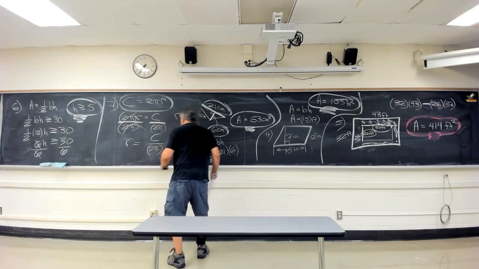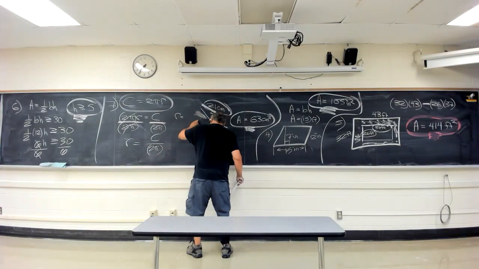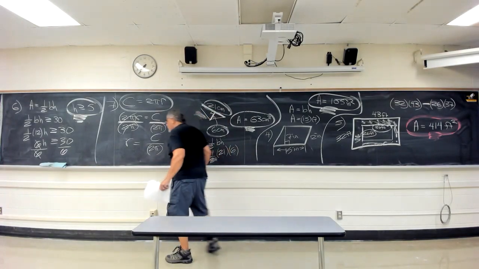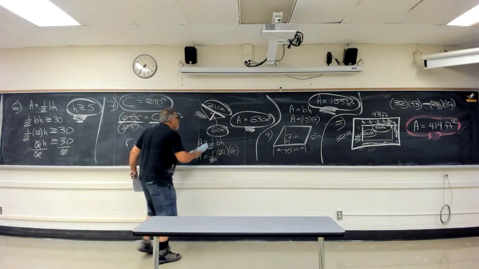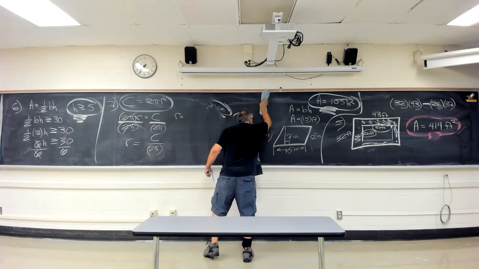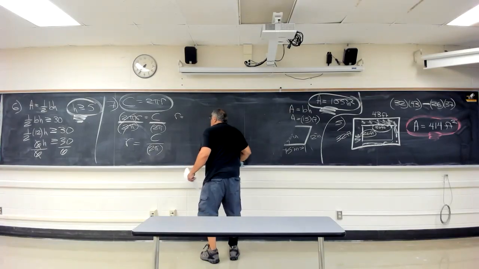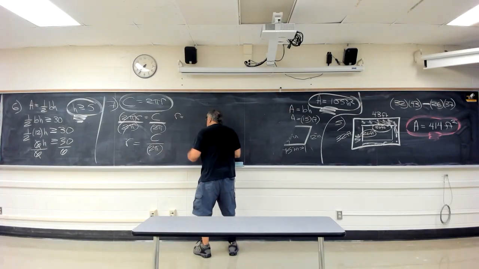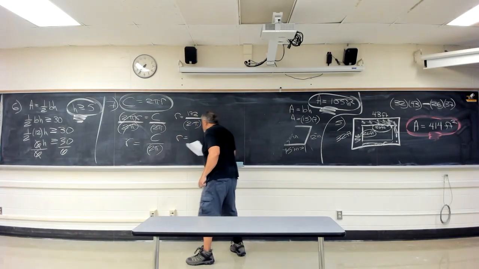R equals 172. Circumference is 172. 2 is 2. Pi is pi. They want the answer rounded to the nearest hundredth.